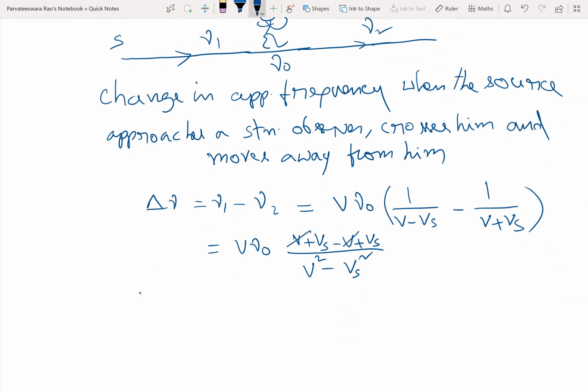So finally I will be getting the change in frequency comes out to be 2 Vs into V by V square minus Vs square multiplied by nu naught.